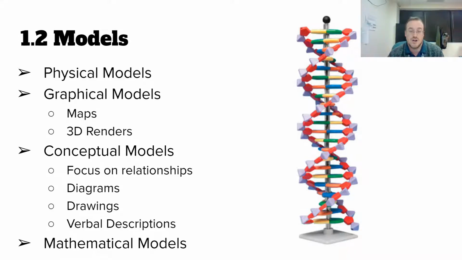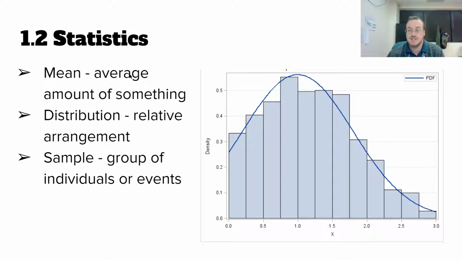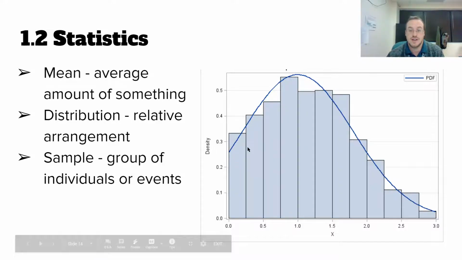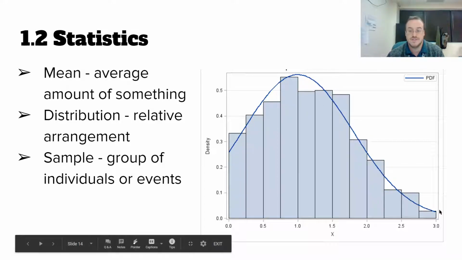Mathematical models are what we do if we take some information and try to fit an equation to it. So if we go back and look at this, you can see this dark blue line here, that could be modeled with an algebraic expression, right? This is just a curve that flattens eventually. We can write that as a mathematical expression.